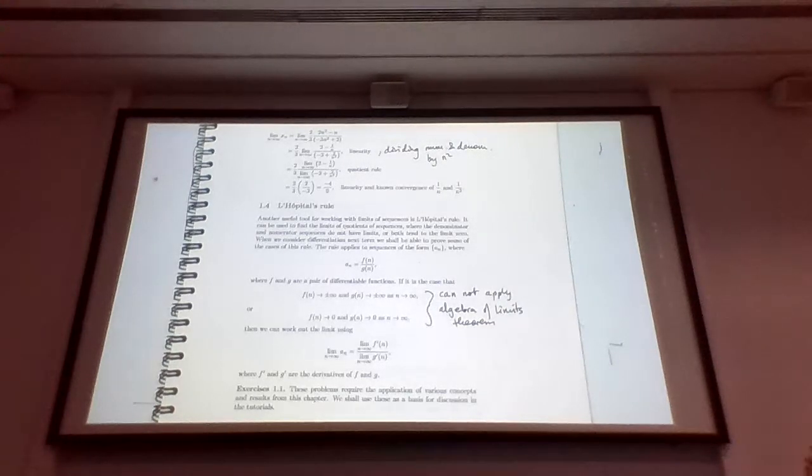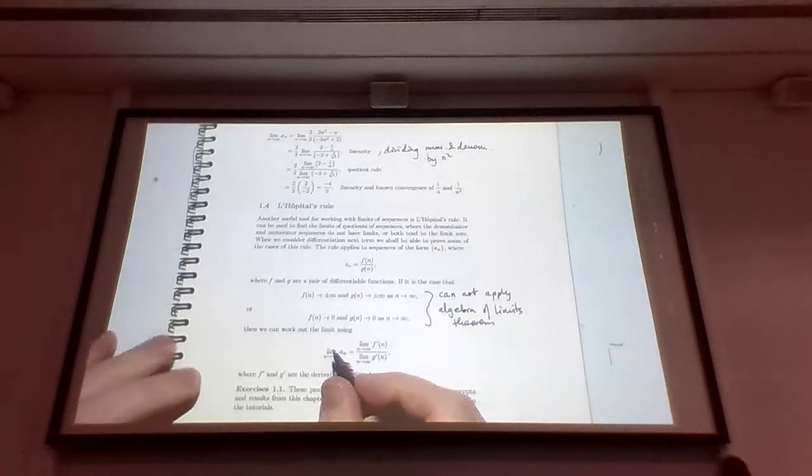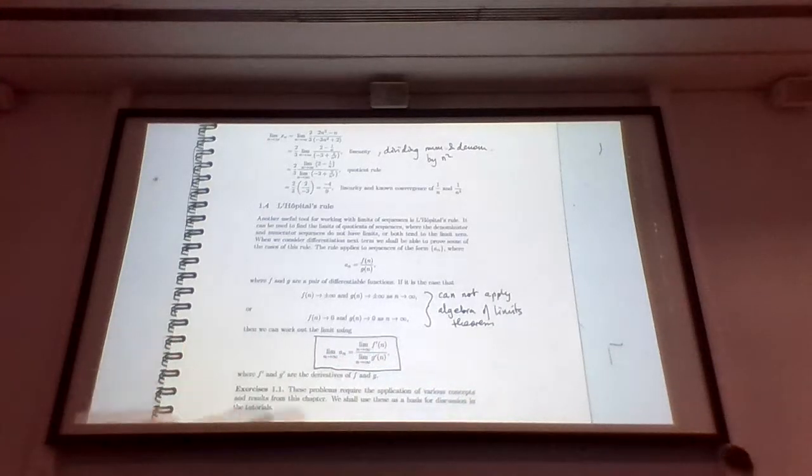So the algebraic limits theorem does not apply, but what we can use is L'Hopital's rule: the limit of the quotient will be the quotient of the limits of the derivatives, provided those derivative expressions do converge. Okay, but we'll have a lot more to say about L'Hopital's rule when we're dealing with differentiation in detail.